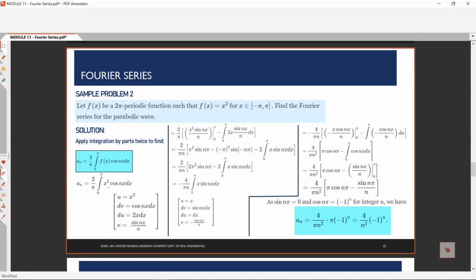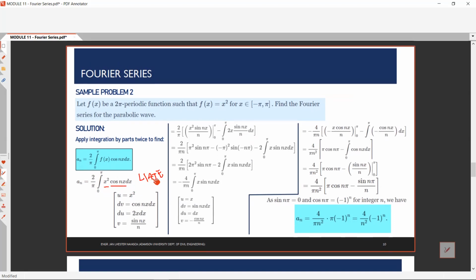So this is a combination of an algebraic function and a trigonometric function. Di ba, remember you have your LIATE. Okay, LIATE: logarithmic, inverse, algebraic, trigonometric, and exponential. So this is a product of algebraic and trigonometric. Sino yung nauna?